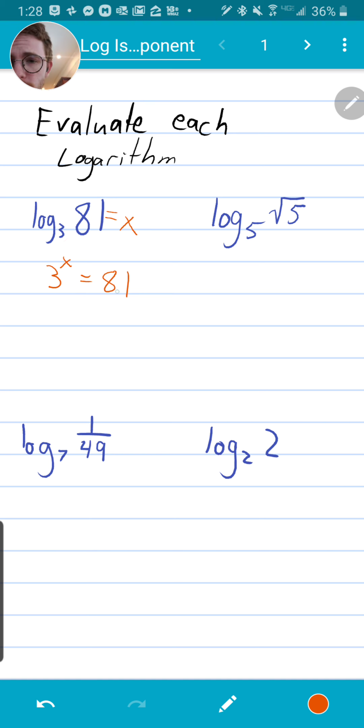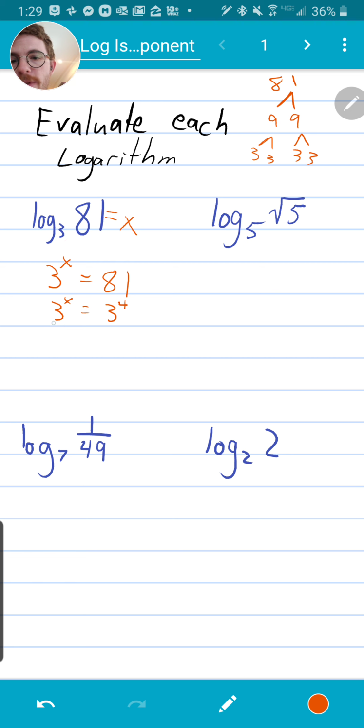And you might just know this answer, but a really helpful thing is to break down 81. 81 can be broken down to 9 times 9. Each of those 9s is 3 squared. So 81 is 3 to the 4th power.